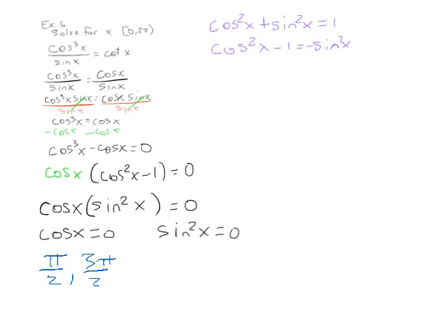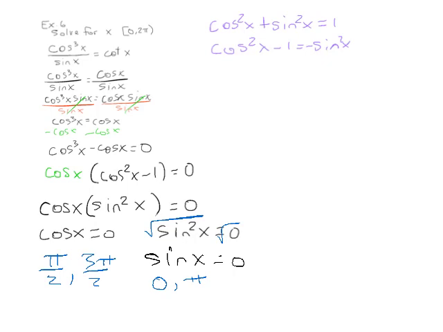And the sine of x, again, we could take the square root of both sides, and that would give us the sine of x equals 0. Well, where does that happen? The sine of x is equal to 0 at 0 and pi, and we're not including 2 pi here, we're just going up to 2 pi. So this guy can happen at pi over 2 and 3 pi over 2. Those will both work for sure.